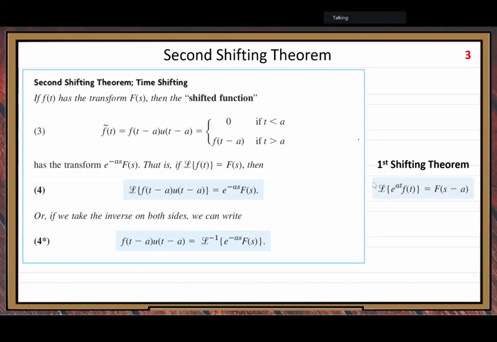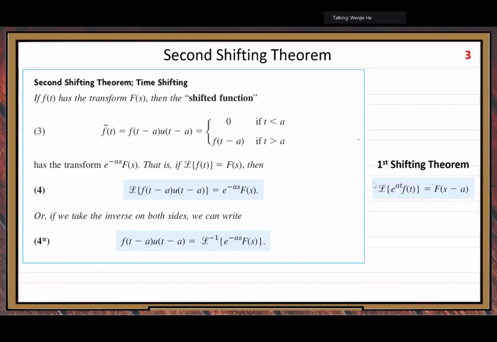In the Laplace transform, you can see the e factor times at multiplies the original little f function, and there is a shift on the s side, the capital F side.